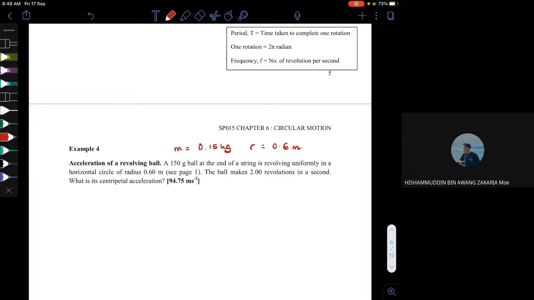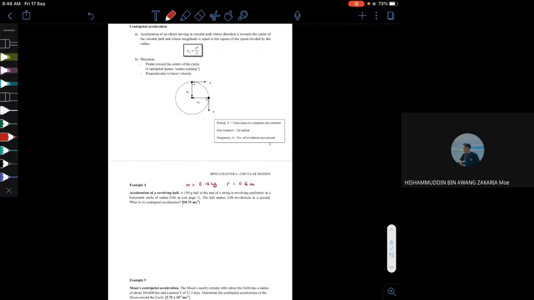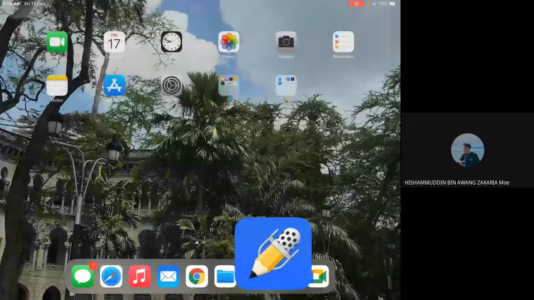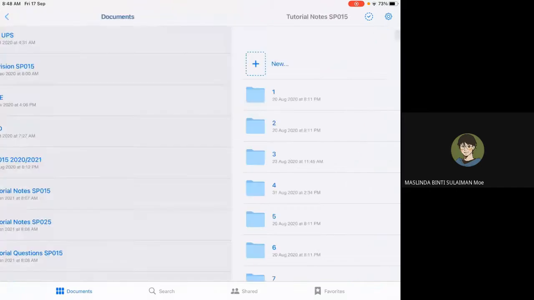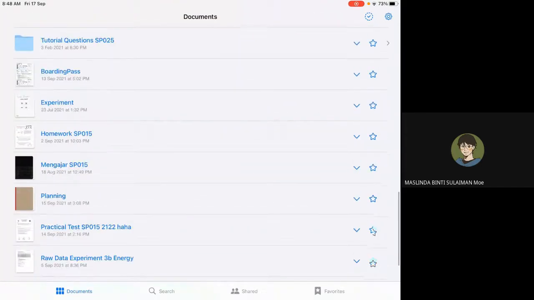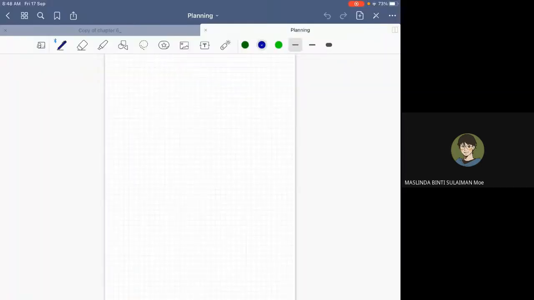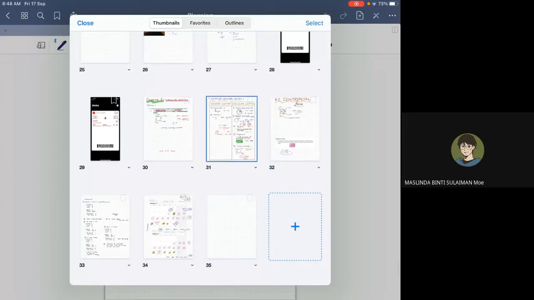Siapa boleh bagi tahu Miss revolution in a second tu unit apa? Siapa ingat? Tapi unit untuk apa? Angular displacement ke?